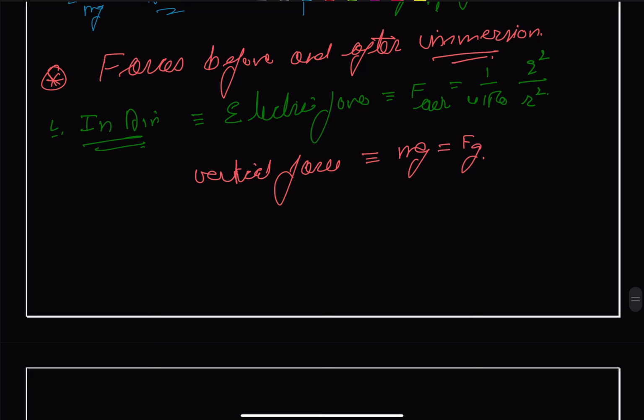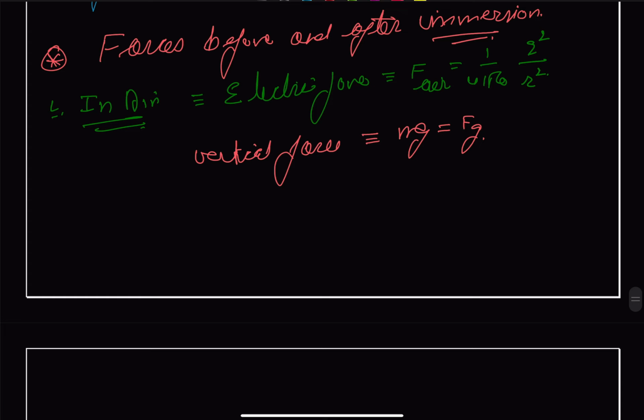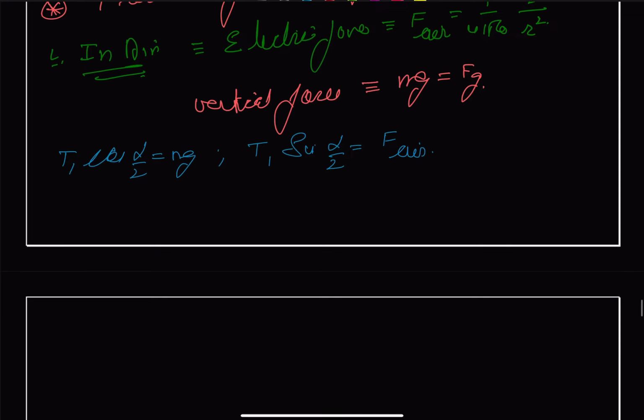So we get that our T1 cos alpha by 2 is equal to mg, and we have our T1 sine alpha by 2 is equal to our F air. So we can say this tangent alpha by 2 will be equal to F air divided by mg.